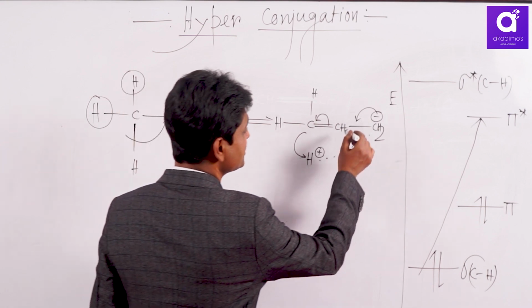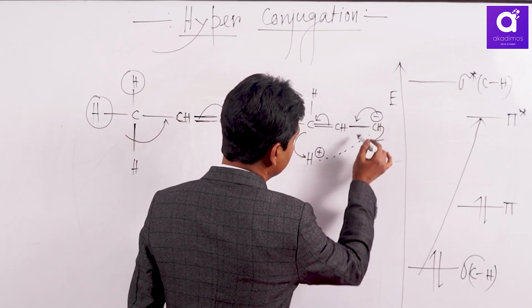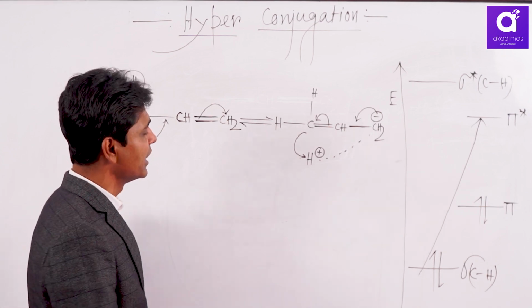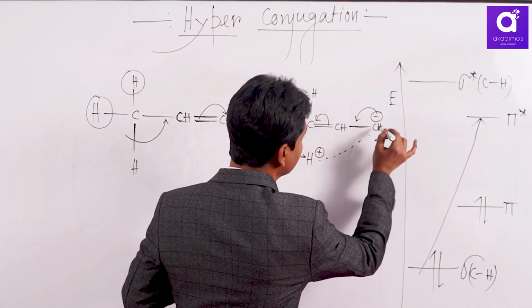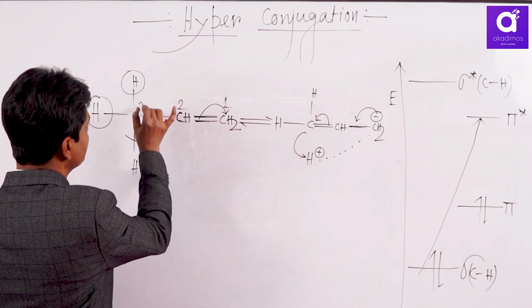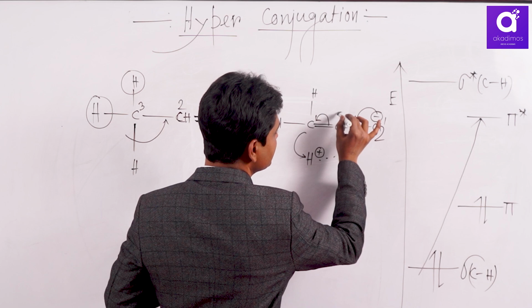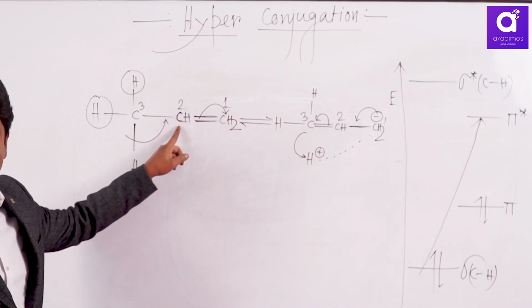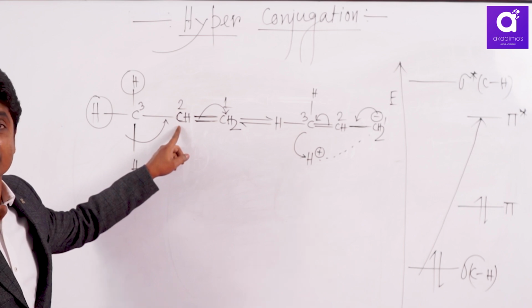Due to this structure's contribution, it has some lifetime, some contribution, where you get a single bond. If I take this as carbon number 1, this is 2, this is 3, that means between C1 and C2 it is not a 100% double bond.